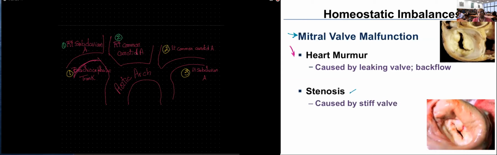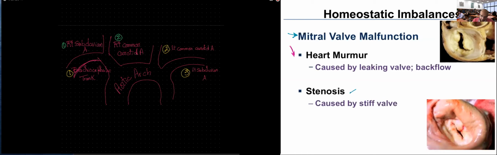Any trouble with the branches of the aortic arch? Anybody still here? All right. So again, how many branches do I have for the aortic arch?